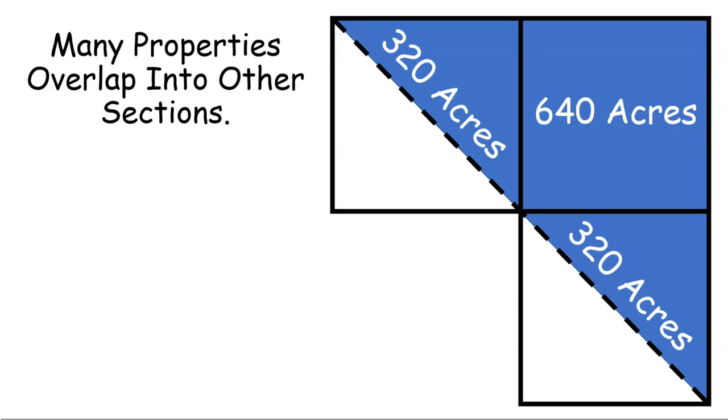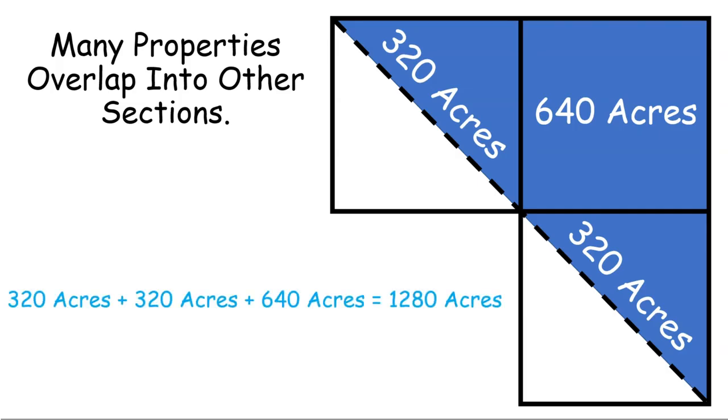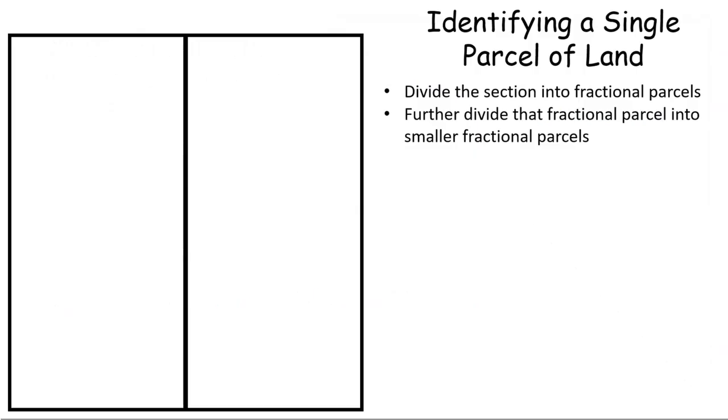Then this person owns half of the other section to the side and half of the other section below it. In this case, to identify how many total acres, we just add it up. So 320 plus 320 plus 640 acres, this parcel was 1,280 total acres.